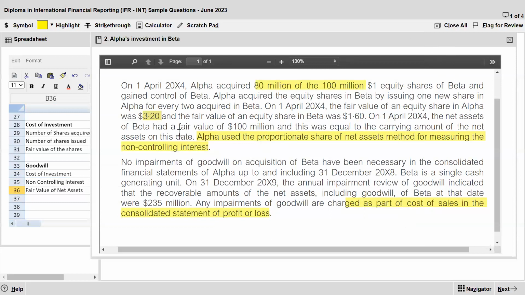The net assets had a fair value of 100 million and this was equal to the carrying amount of the net assets on that date. So the fair value of the net assets was $100 million.